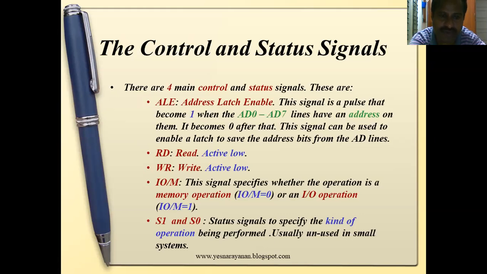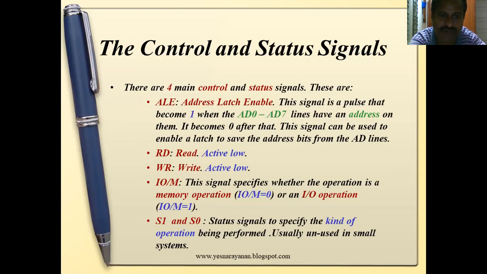Then IO/M bar. This signal specifies whether the operation is a memory operation or an IO input output operation. If IO/M bar is equal to 0, it means a memory related operation is working.